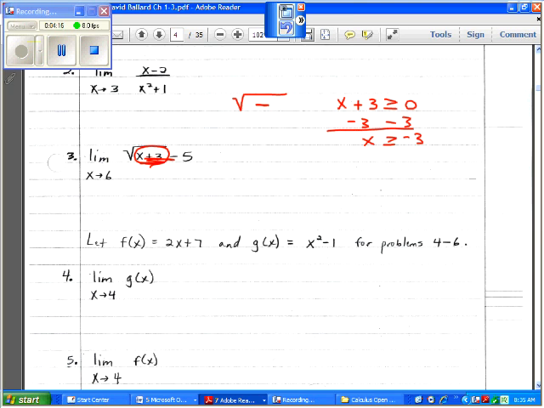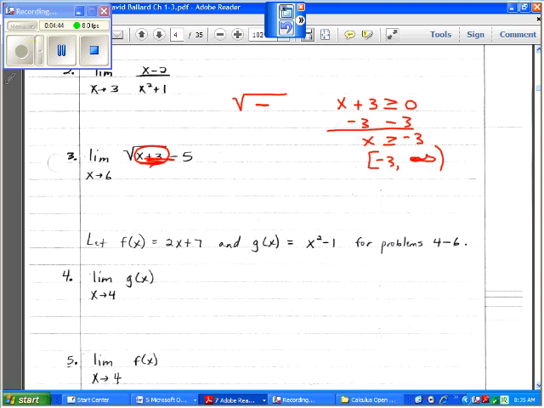The domain of that function would go from negative 3 included into positive infinity. So it's not everywhere continuous, but it is continuous within its domain.